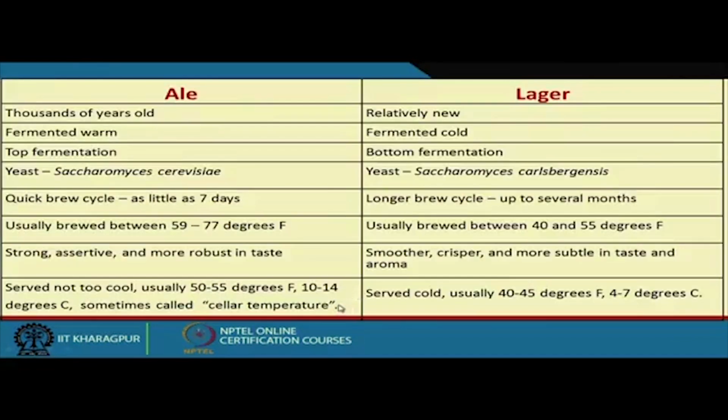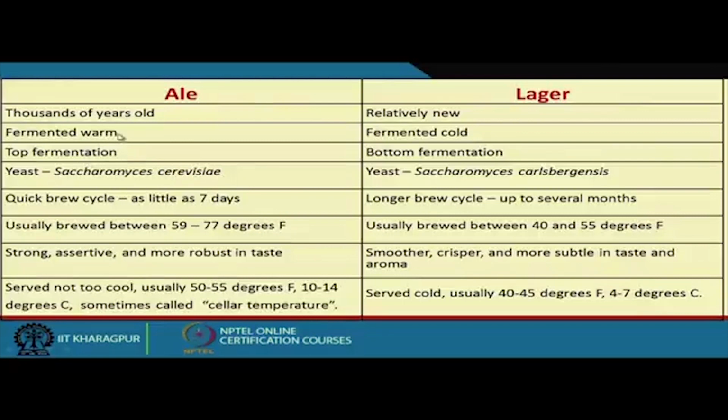Now this is the difference between ale and lager beer. Ale is a 1,000-year-old beer; lager beer is relatively new. And I told you that in ale beer, the fermentation takes place at a little bit higher temperature as compared to the lager beer.